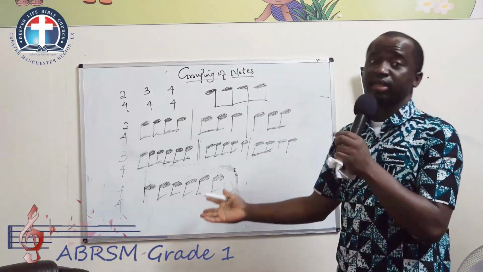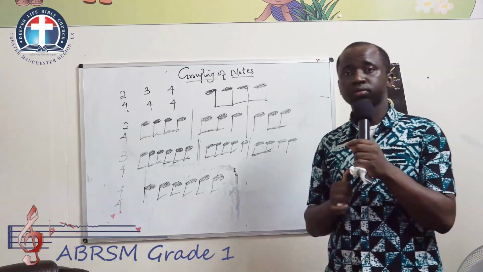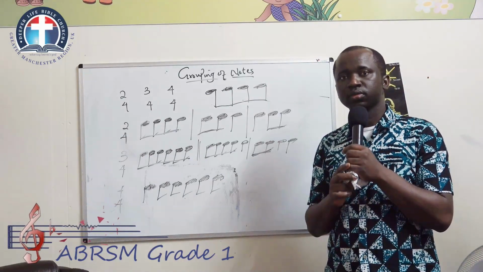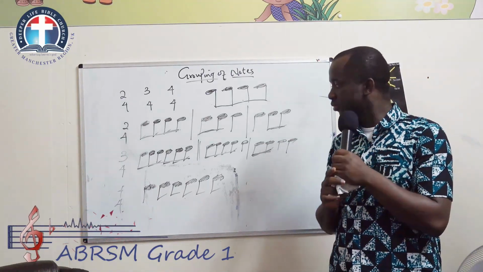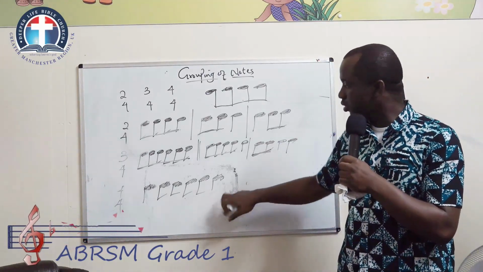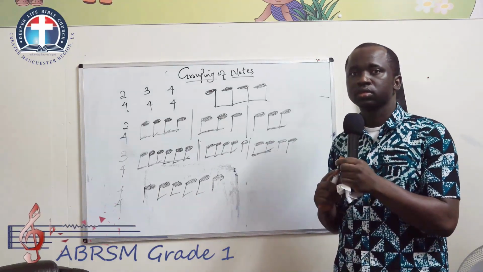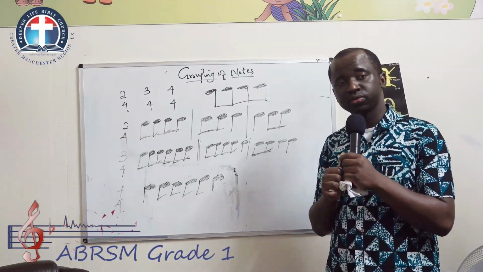This is 4/4, am I right? You have to be sure. Is it 4/4? Yeah, it's 4/4. So how will you group it now?